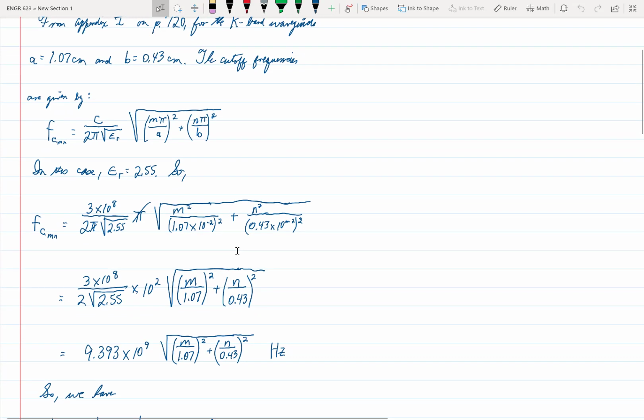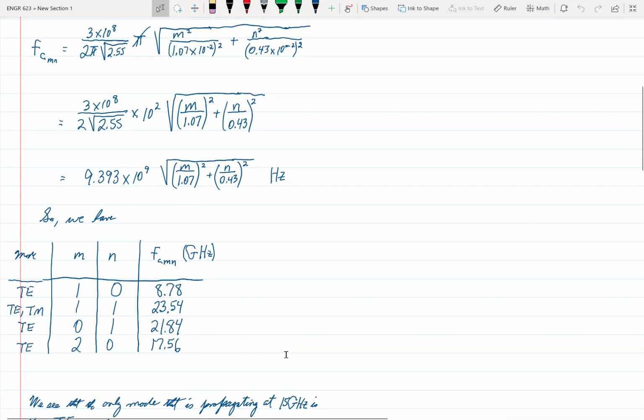So anyway, returning to our discussion, epsilon r is equal to 2.55, and so if we substitute that, and also substitute for A, B and c, we get that the cutoff frequencies are equal to 9.393 times 10 to the 9th times the square root of m over 1.07 squared plus n over 0.43 squared, and that is in hertz.